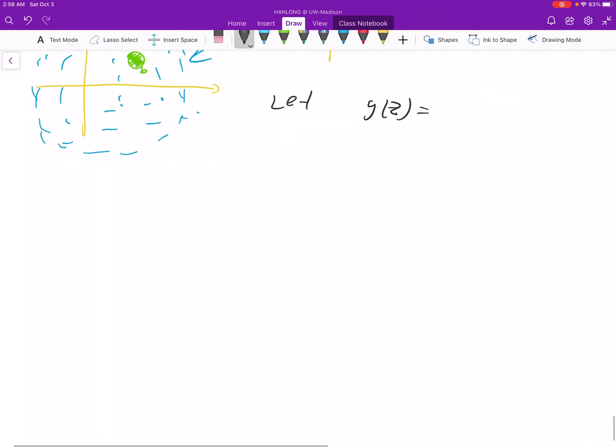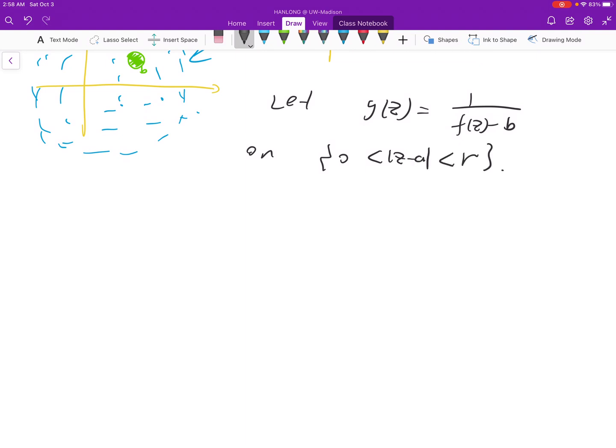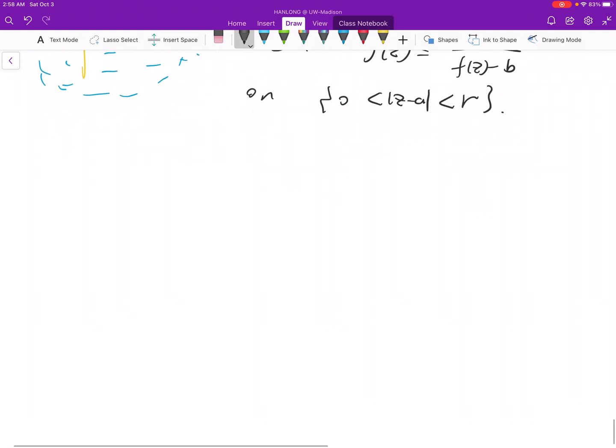So the technique is, consider the function g defined by 1 over f minus b. Of course it's not holomorphic on the whole complex plane, but on the small punctured disk 0 less than |z minus a| less than r, this is holomorphic.